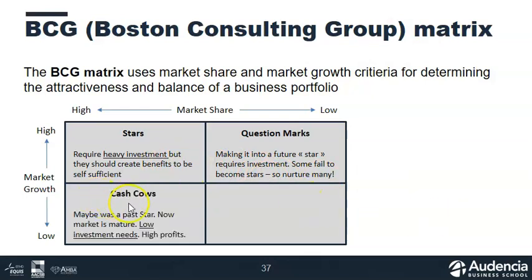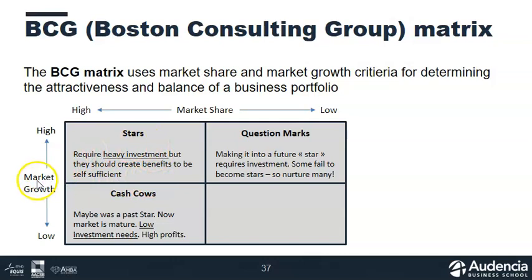Next, we've got our cash cows. Cash cows are companies and organizations that have a high market share, so they have a significant share of revenue, but are in a low growth market. This is probably what's happened: we had a star company with a high market share and very high growth. They developed a brand. People like their product.